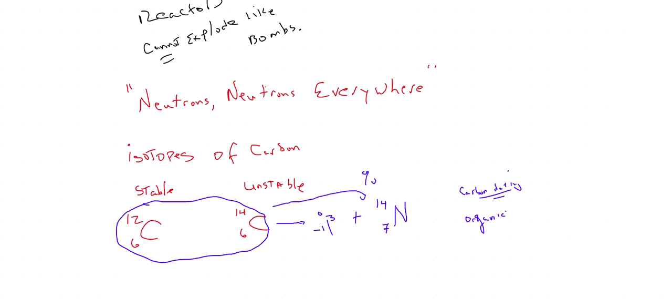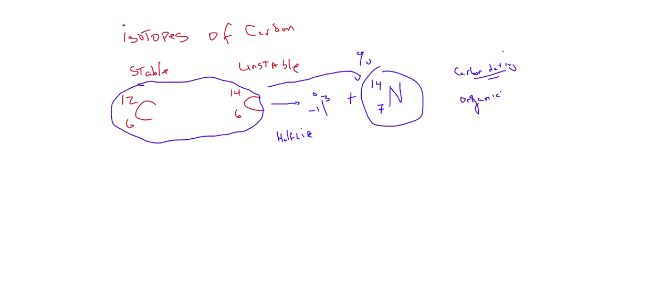If they know the half-life of carbon-14, which they do, I don't know it offhand, and they look at the percentage of how much nitrogen was produced, they can figure out how old the fossil is. That's called carbon dating, and that's because carbon-14 is unstable. What's the difference? It has 2 more neutrons.